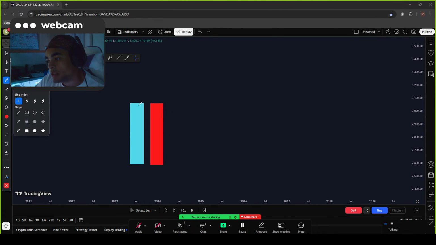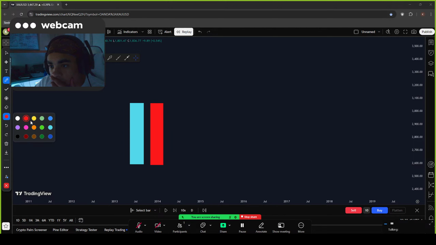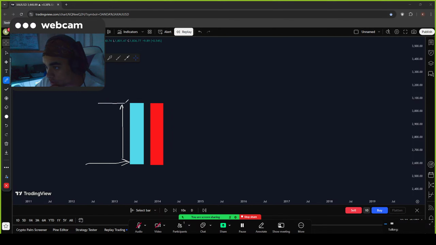So if this is your buys, that means price opened up here and moved in this direction. Price opened up here, moved up, and closed here. This is a buy. So this is your open, this is your close, and the distance in between is why the candle is blue, which means that price moved up, it became more expensive.